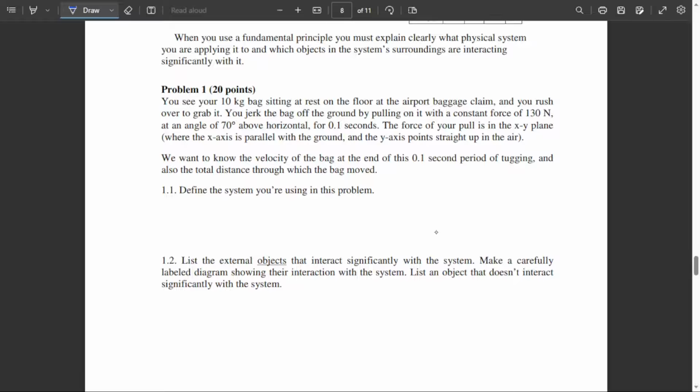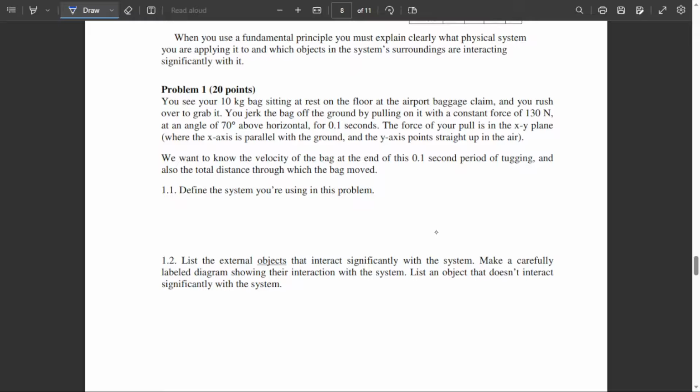You jerk the bag off the ground by pulling on it with a constant force of 130 newtons at an angle of 70 degrees above horizontal for 0.1 seconds. The force of your pull is in the xy plane, where the x-axis is parallel with the ground, and the y-axis points straight up in the air. We want to know the velocity of the bag at the end of this 0.1 second period of tugging, and also the total distance through which the bag moved.